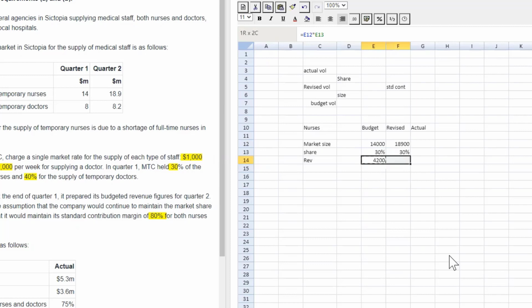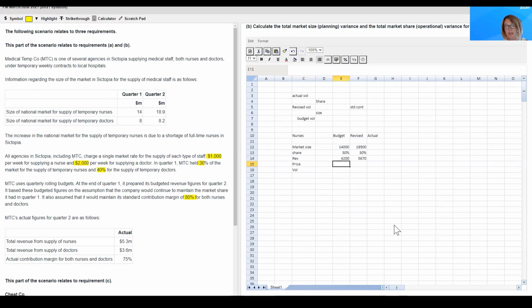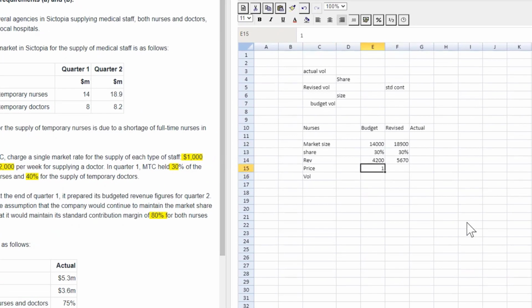And then I'm going to copy that across because I'm using Excel, it's quicker. Now we need to take the price into account because we want the volume, so I can get the volume. So the price is 1,000 for nurses. So as I'm doing everything in round thousands, I'm going to make that 1. And then as you can see, you don't really need to divide it, but it's just giving you clarification that therefore that is the volume.